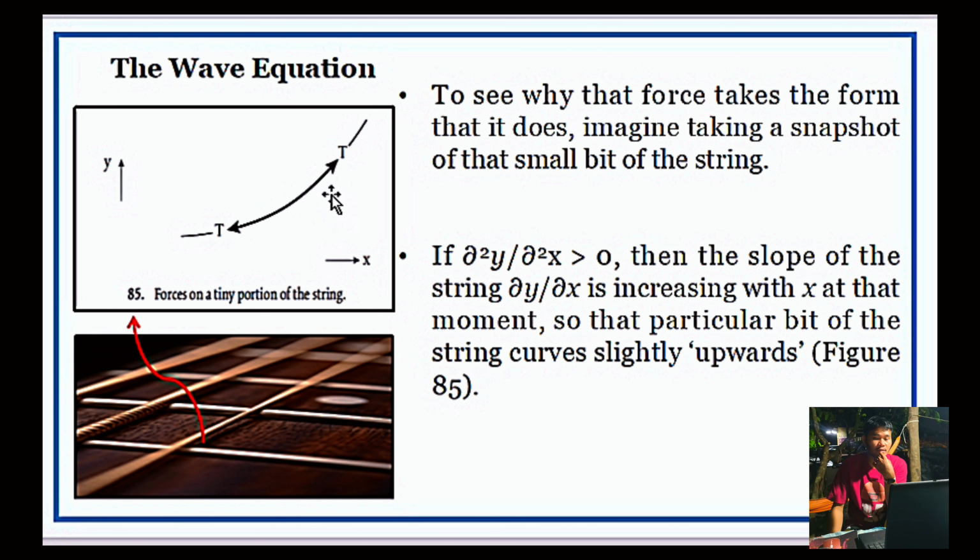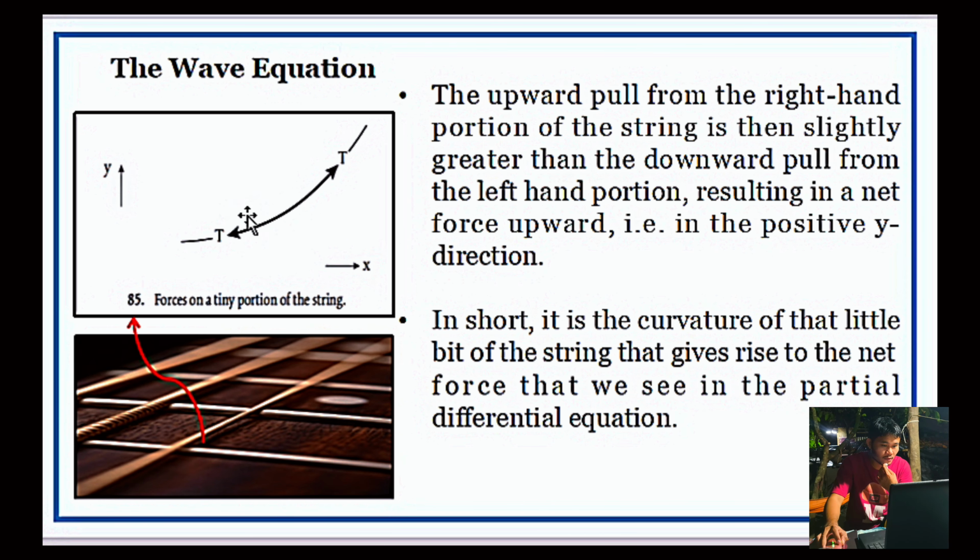So that particular bit of the string curves slightly upward, as you can see in figure 85. Now the upward pull from the right hand portion of the string is slightly greater than the downward pull from the left hand portion, resulting in a net force upward, in the positive y direction.